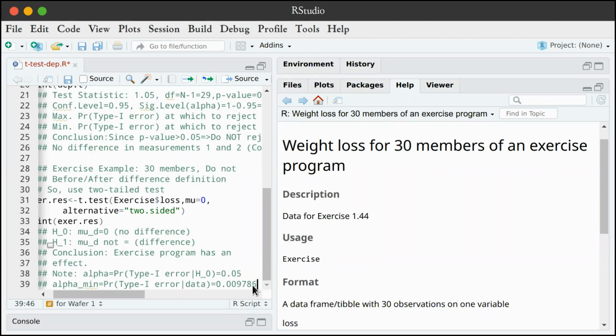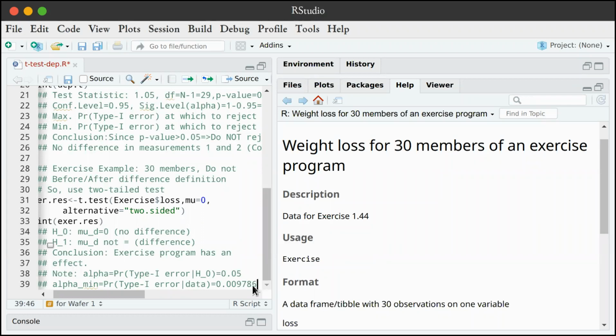Well, what are the chances that you are wrong in concluding the exercise program has an effect? The chances are 0.9786%. That is the probability of an error. So knowing that probability, should you comfortably reject the null?